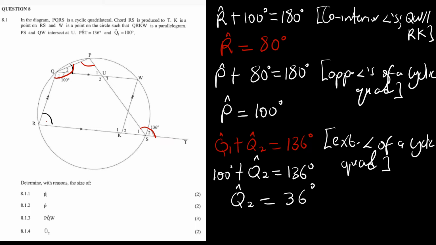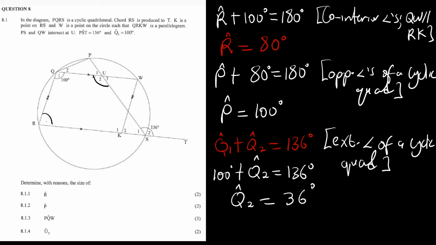Then the last question says find angle U2. Angle U2, as you can see on our diagram. To find this angle, we can simply use the exterior angle of a triangle, adding angle Q2 plus angle P, or you can simply use the alternate angles, because angle U2 is going to be equal to angle S2.